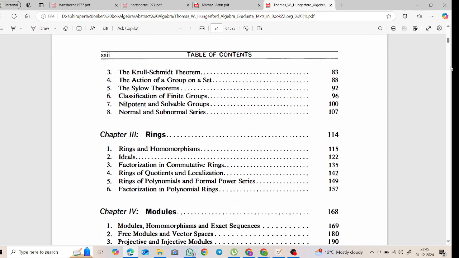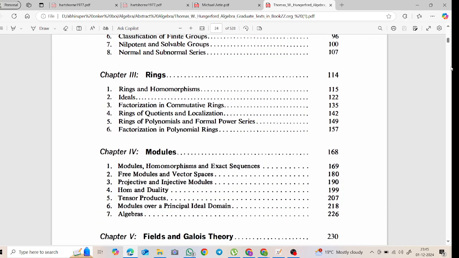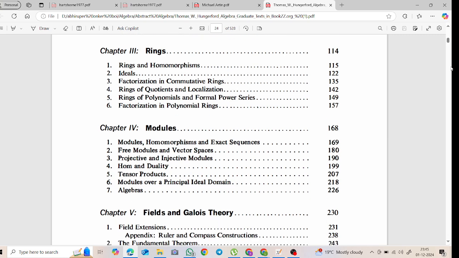Rings and homomorphisms, ideals, factorization of commutative rings. Questions: localization, rings of polynomials, formal power series, factorization of polynomials. Okay, Shubrita, let's go from Hungerford, and I will tell you whatever extra is needed because there is no other way.